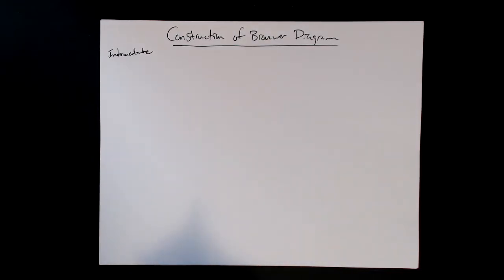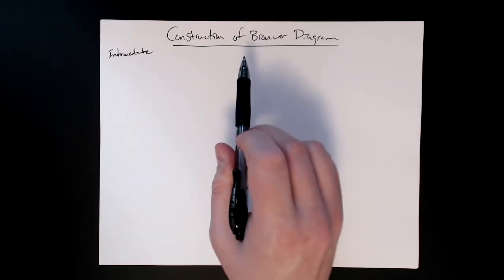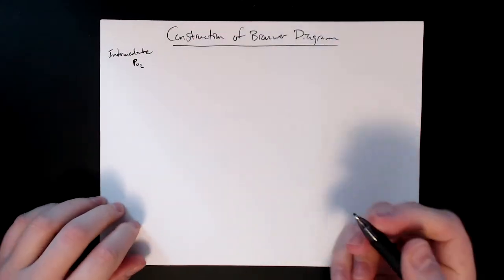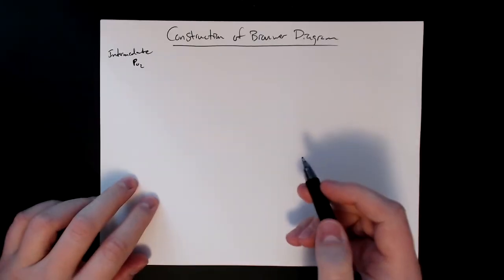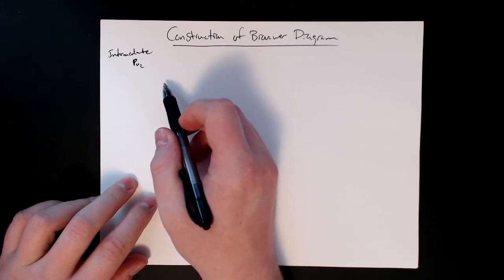All right, so in this module, we're going to continue looking at the slopes and constructing the Brouwer diagram, in this case for the intermediate PO2 region. And again, we go on the assumption that we developed in a previous module that the Schottky defects dominate.